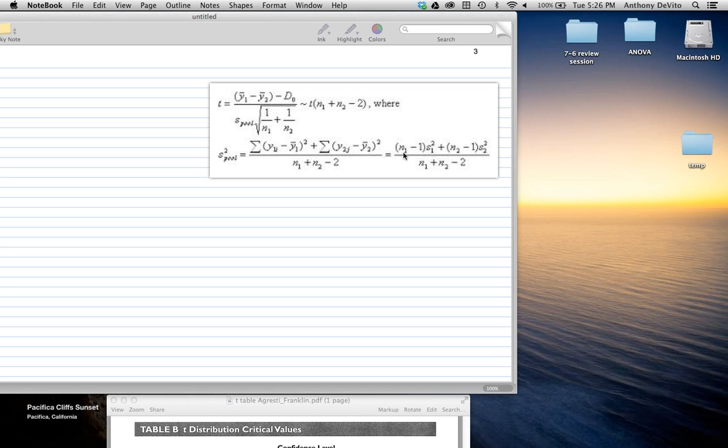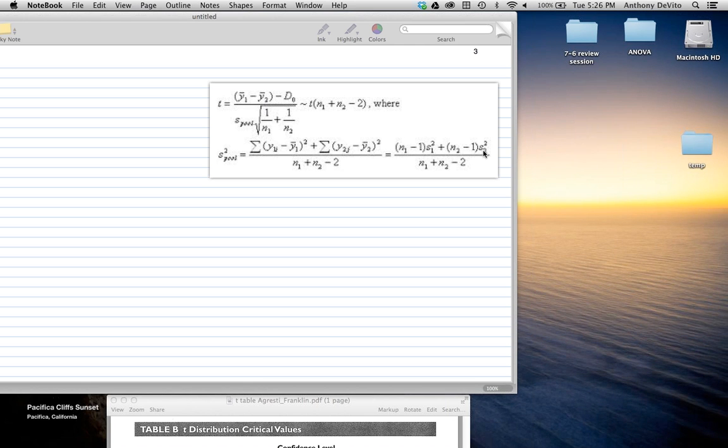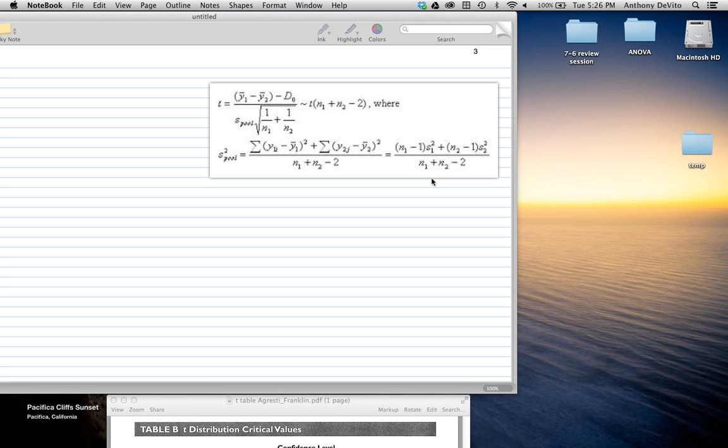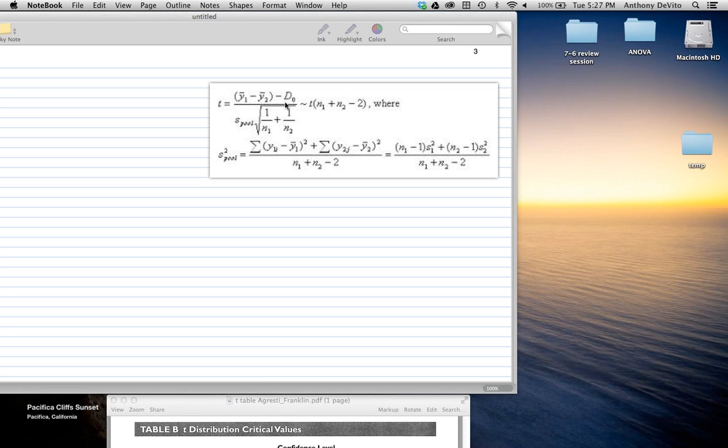You actually use n1 minus 1 times the standard deviation of sample 1 squared plus n2 minus 1 times the standard deviation of sample 2 squared, over n1 plus n2 minus 2. You would use that for your pooled standard deviation, calculate that number, plug it in here, multiply it times the square root of 1 over the sample size of the first group plus 1 over the sample size of the second group, right?